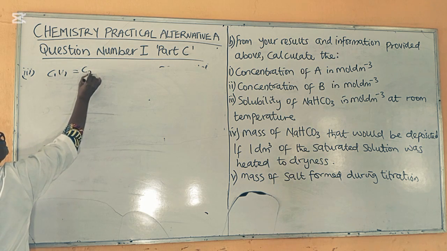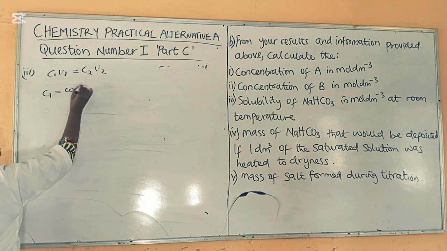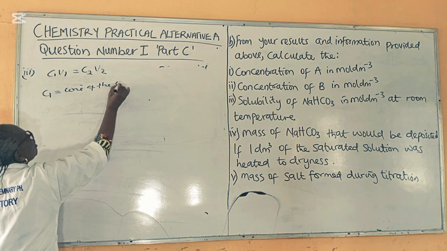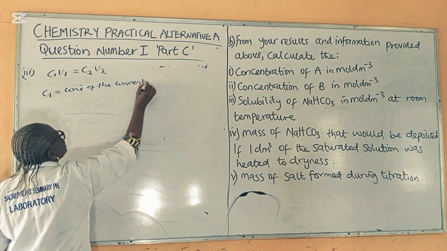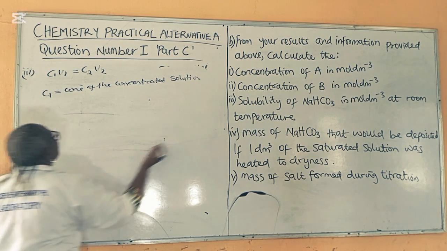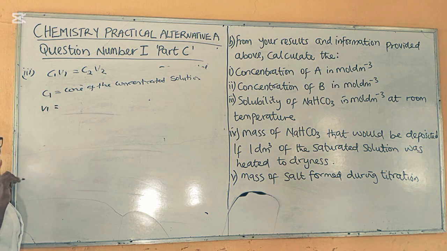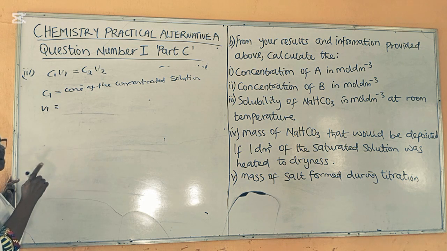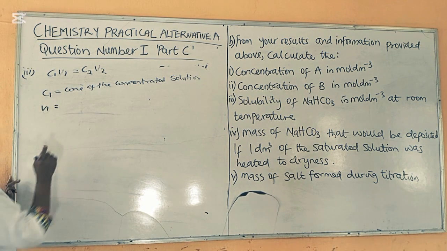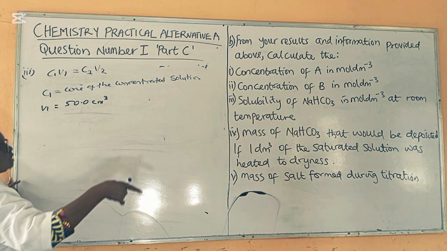C1V1 equals C2V2. Remember, C1 is the concentration of the concentrated solution, which is the solubility. Then V1 is the volume that was obtained from the saturated solution. They took 50 cm³ from the saturated solution to dilute it to 1000 cm³ with distilled water. So V1 is that 50 cm³ used for the dilution.